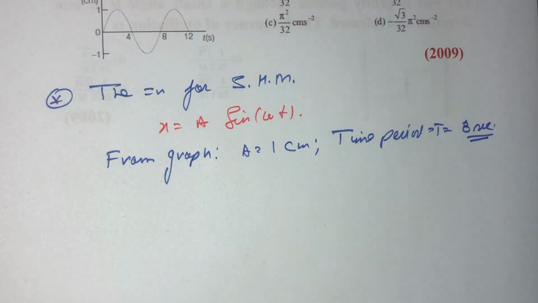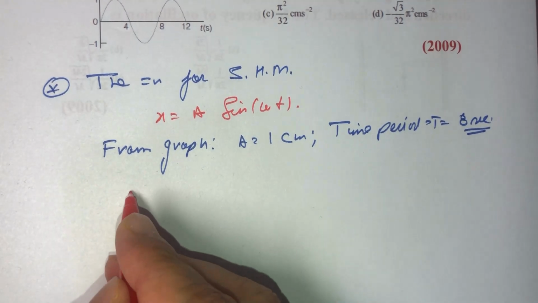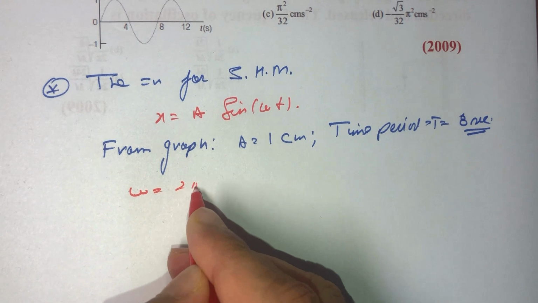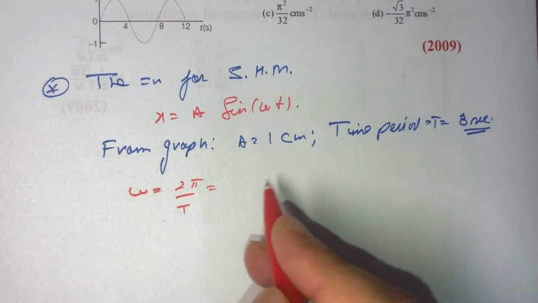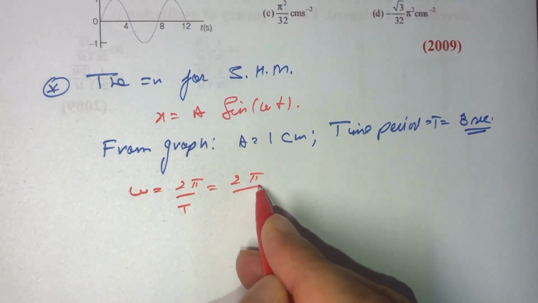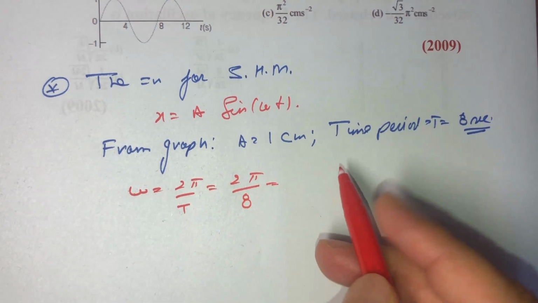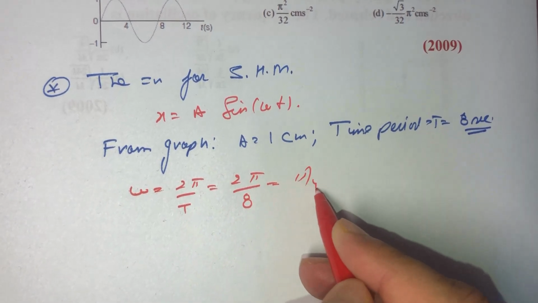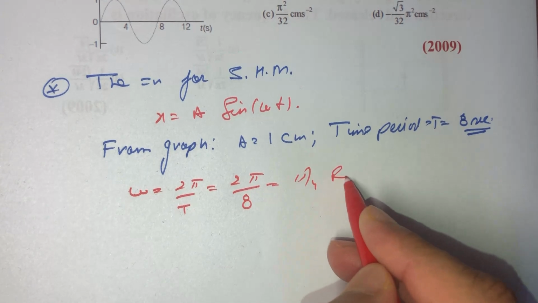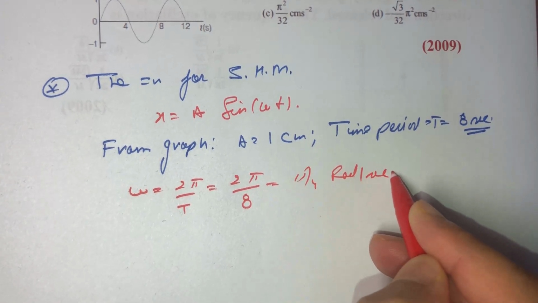So therefore we can find out omega. Omega is equal to 2 pi upon T. So this becomes 2 pi upon 8, and we get this as pi by 4 radian per second.